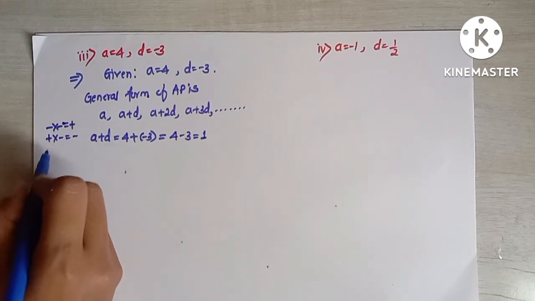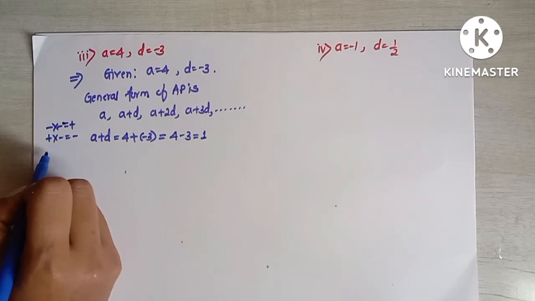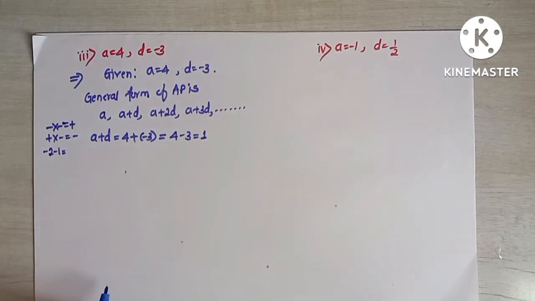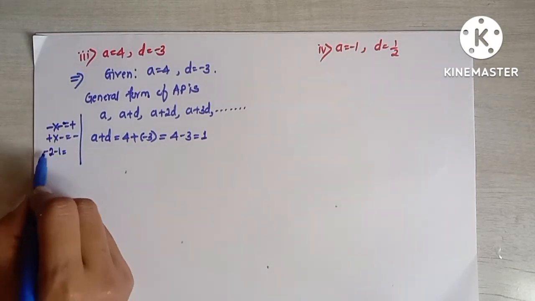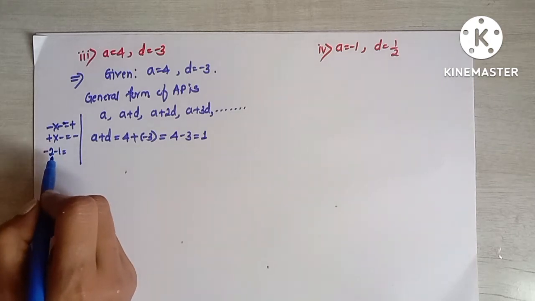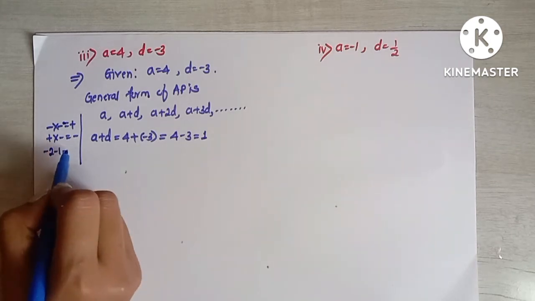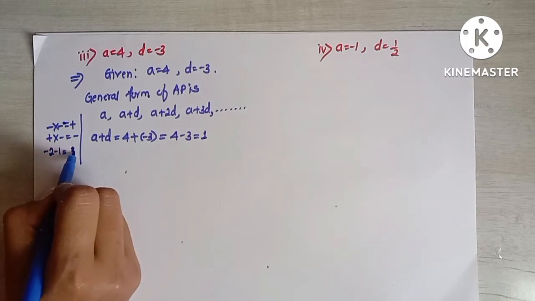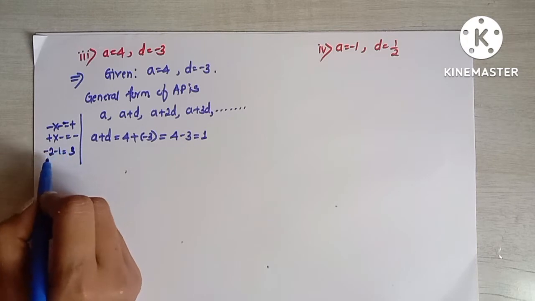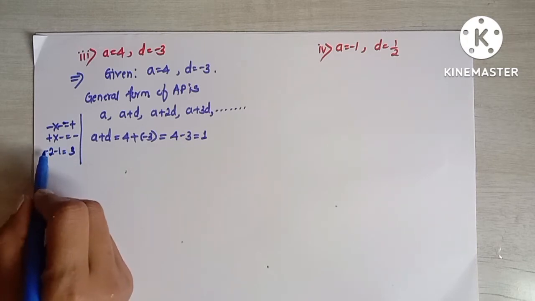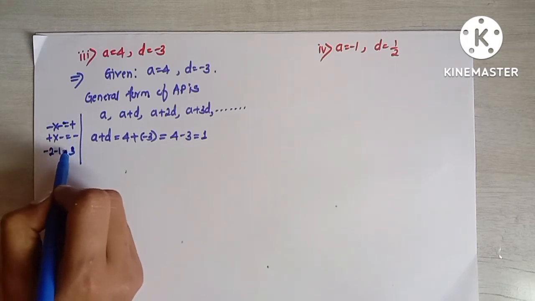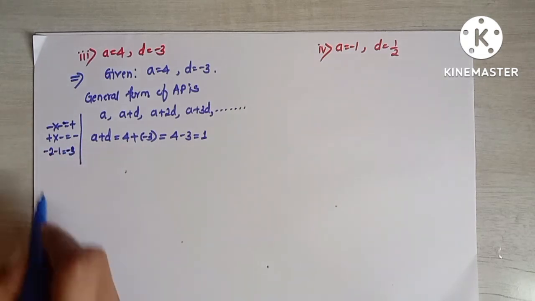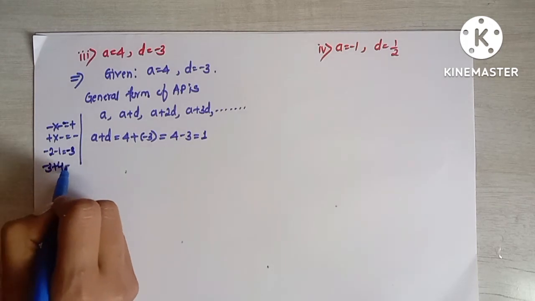Okay. Then if there is a number minus 2 and minus 1, what we are going to do? We have to add this because the sign is same, that is 2 and 1 is 3, but we have to put the sign of the bigger number. So here bigger number is 2, therefore we have to assign sign of a bigger number. So what is minus 3 plus 4?